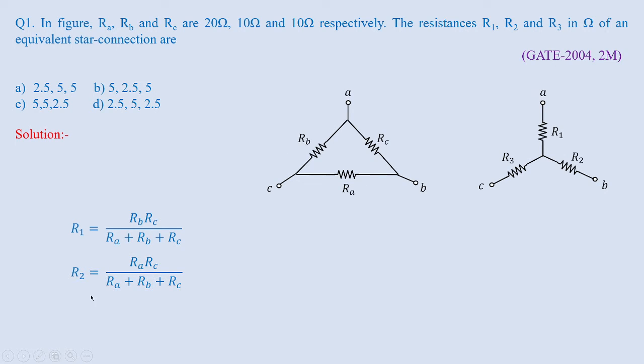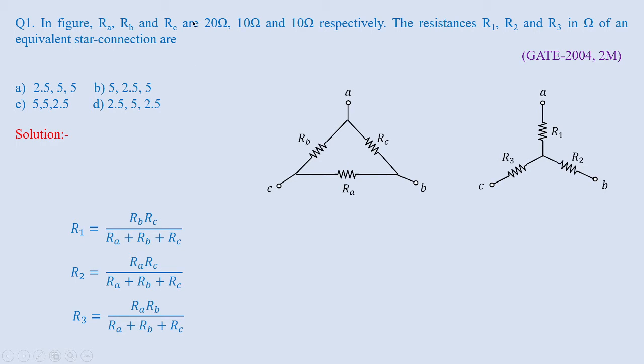Similarly, R2 is RA RC divided by RA plus RB plus RC. And finally, R3 is RA RB by RA plus RB plus RC. So this is how the formula is formulated from the given delta network.